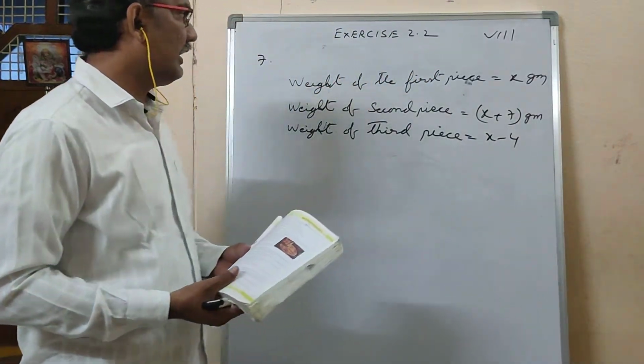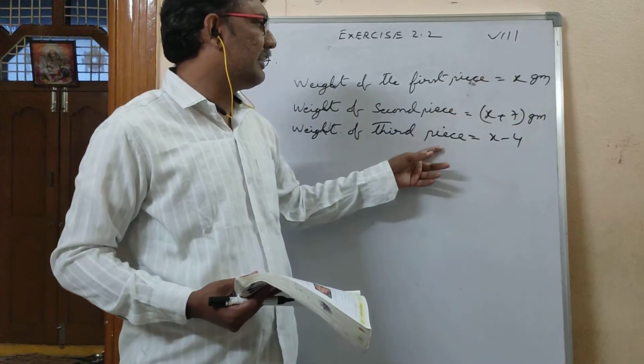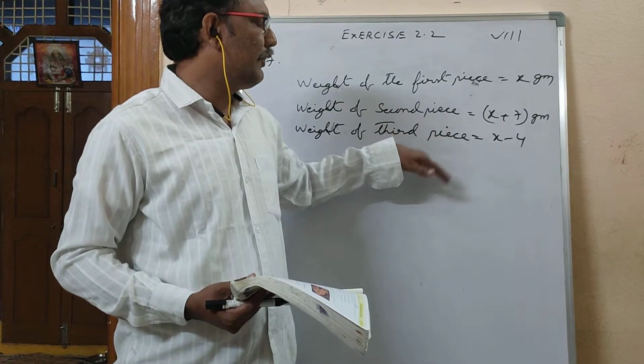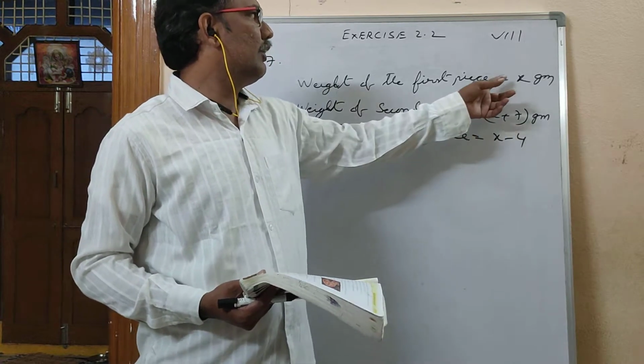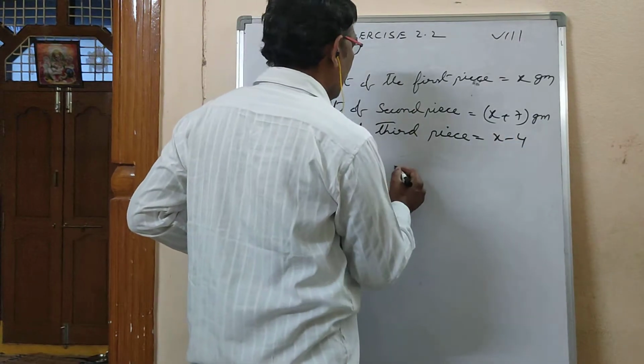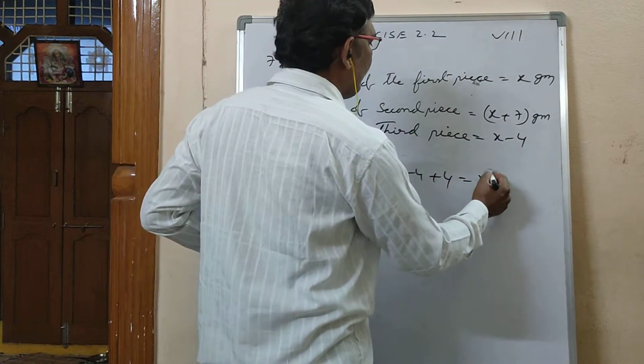Why x minus 4? What did he say? This is 4 grams heavier than the third piece. So, for the third piece, if you add 4 grams, you will get the first piece. See, for the third piece x minus 4. If you add 4 grams, you should get the first piece.